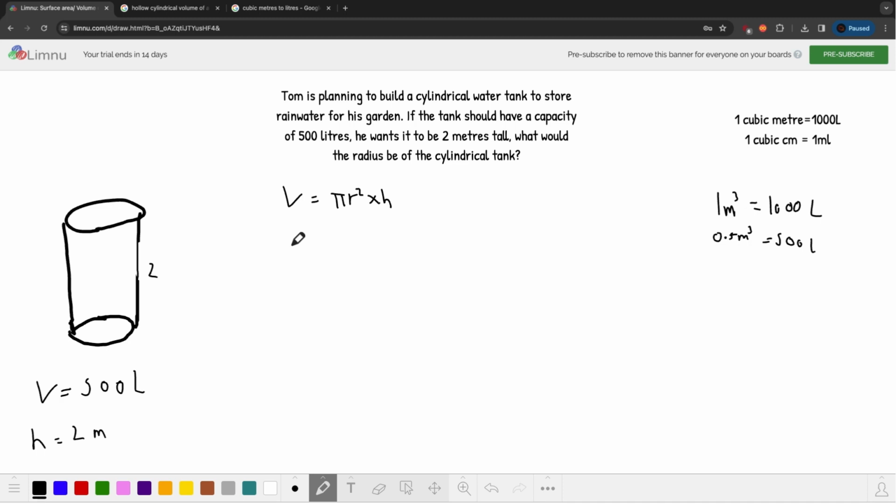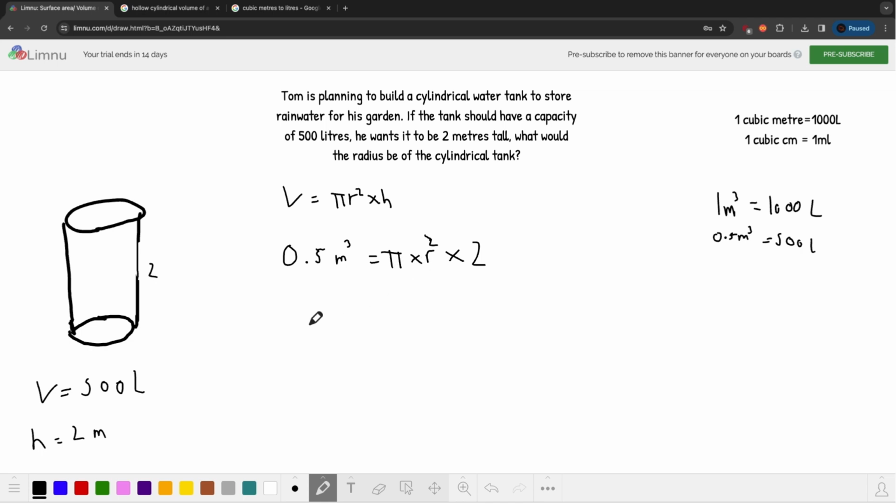So 500 liters was the volume, which we can also write as 0.5 meter cubed, because we found that out from the conversion, equals pi times radius squared. We want to find the radius and we don't know it, so it's going to be left as r, times, what's the height? We are also given the height. It says 2 meters tall, so 2. So this is the information we have now. 0.5 meter cubed is equal to pi times r squared times 2.